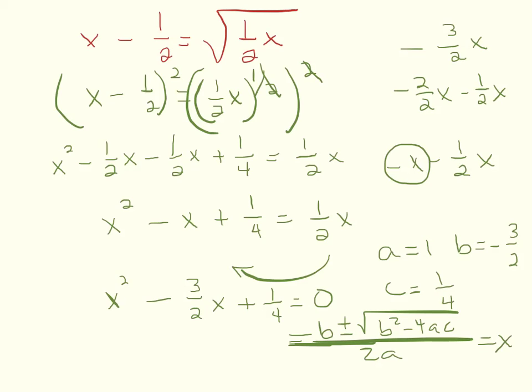And then when you get those x's, make sure you substitute them into this original equation over here to see that they work. If they don't, they're not a solution, because remember that one of the things in this section is that you can have an extraneous solution. And if you do have an extraneous solution, you cannot use it.